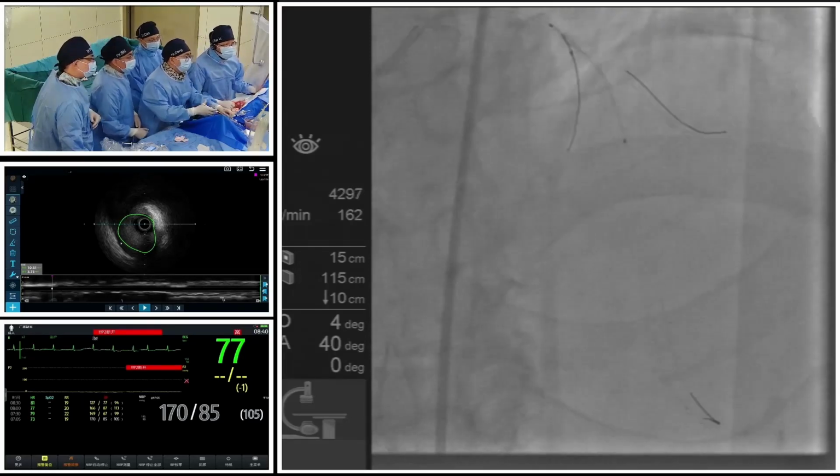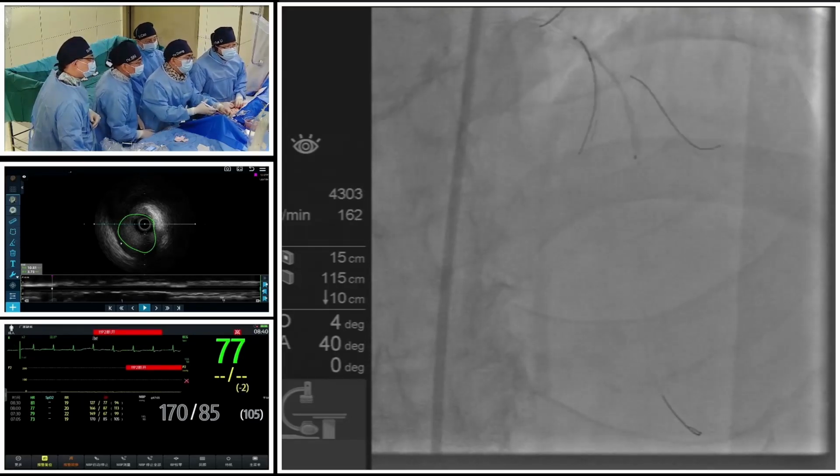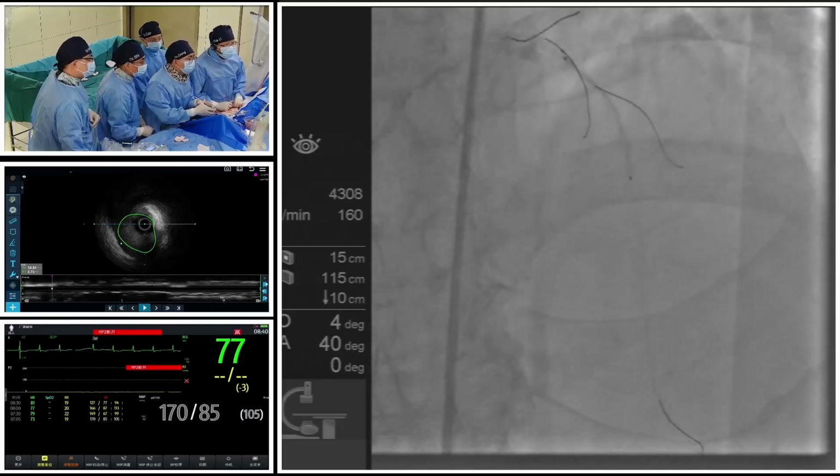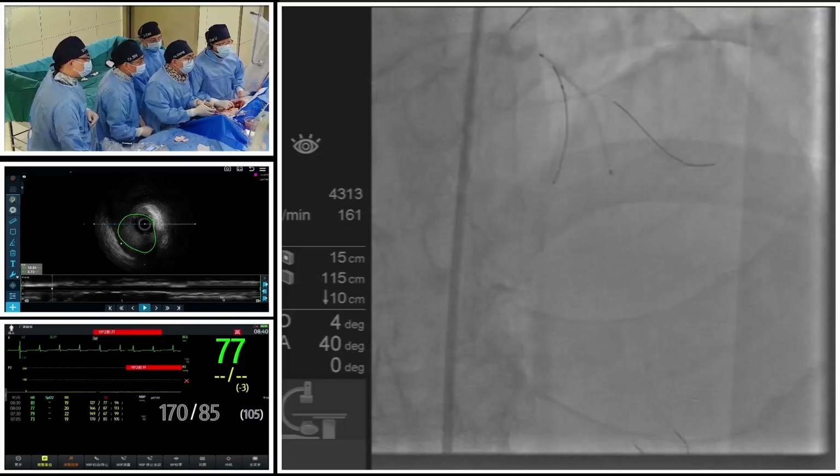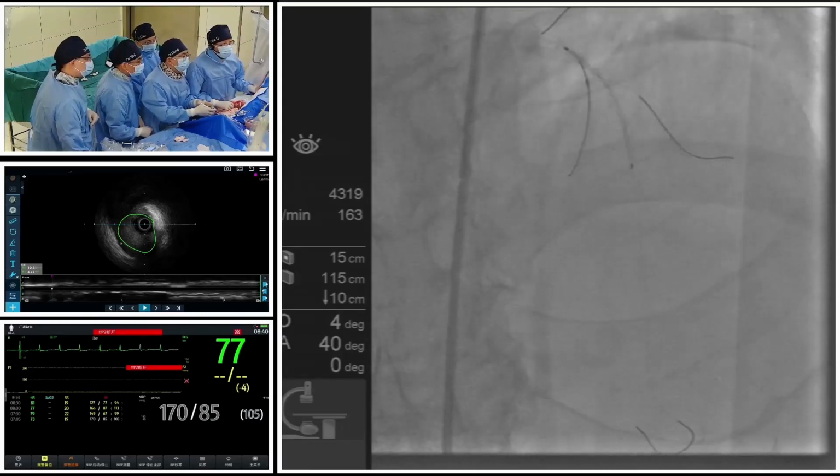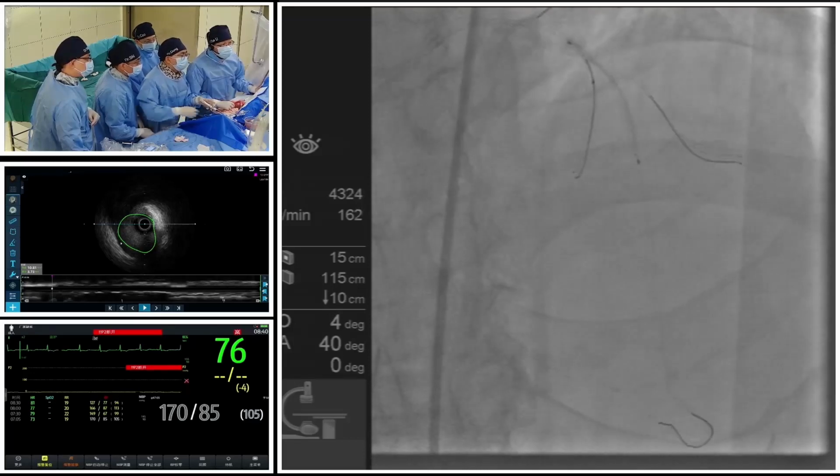For example, we can jail a wire, jail a balloon, and also jail a microcatheter, etc., which different operators can use.